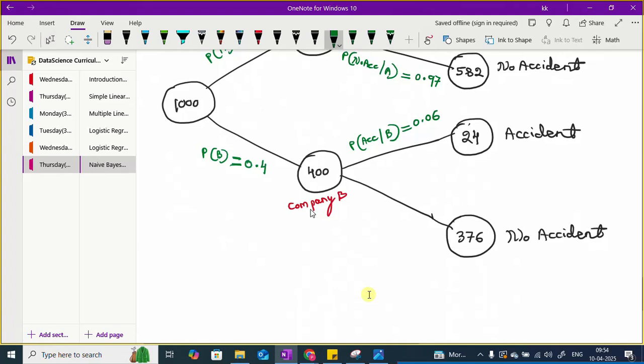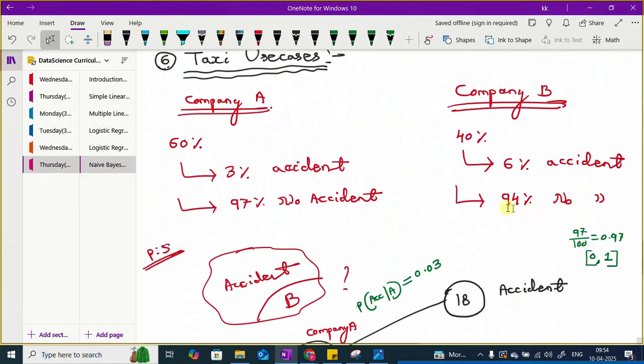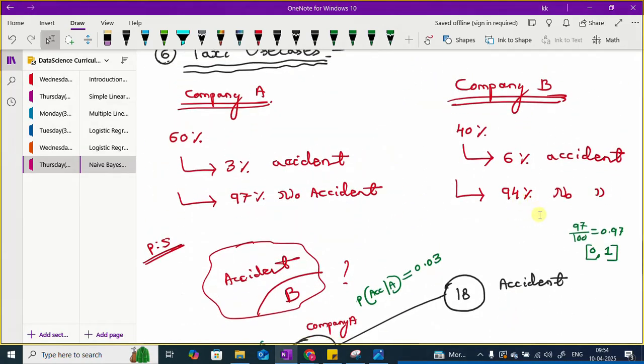Similarly, what is the probability of facing no accident, given that this belongs to company B, is equal to how much? We know in company B, 94% of the taxis have no accident, right?